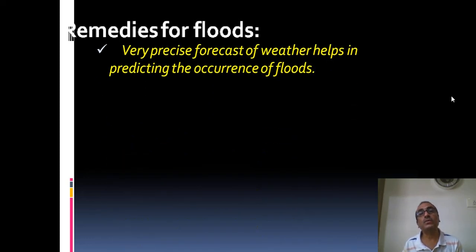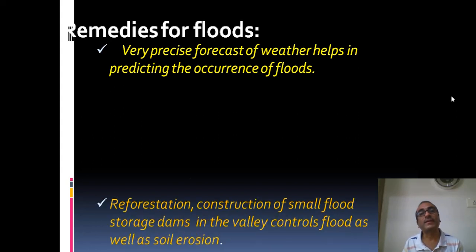If we could know precisely on which day or at what time the flood is going to occur or is most probably expected, at that moment the people can be made aware and can move away from the plain areas nearby rivers to up hills, and they can be safe. That's one thing. We should have a precise forecast of the weather.